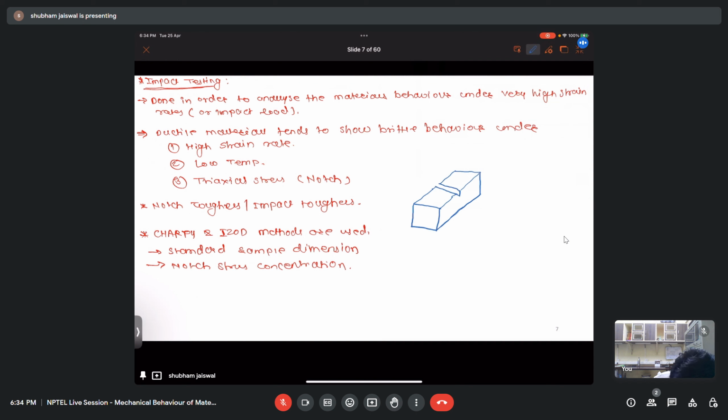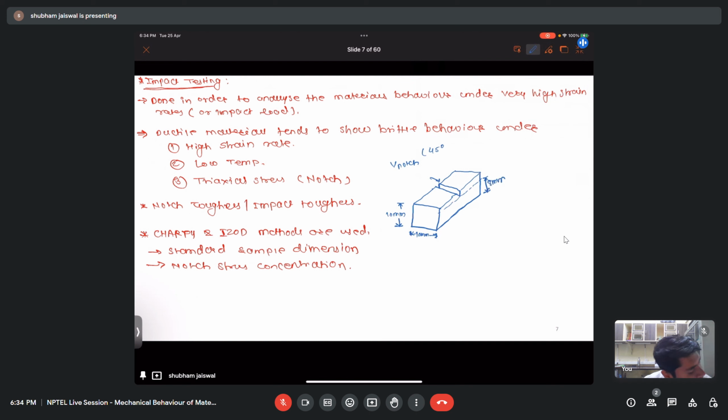So here we will have V notch, okay, and the dimension will be the square cross section with dimension of 10 mm, and here we have the V notch with an angle of 45 degree and this length is 8 mm.